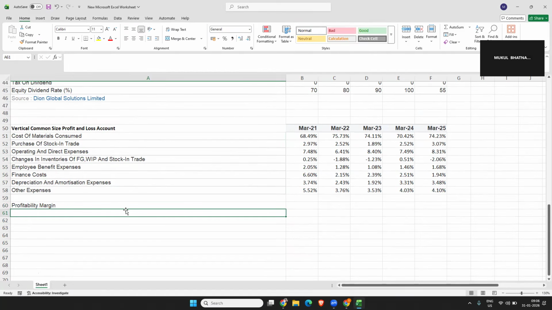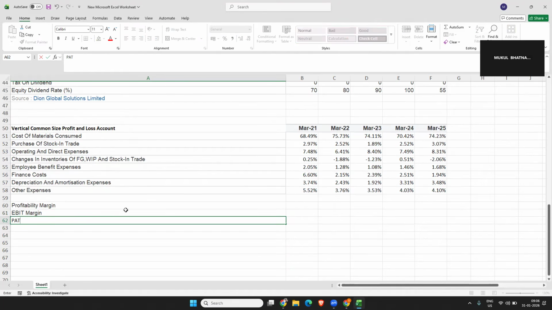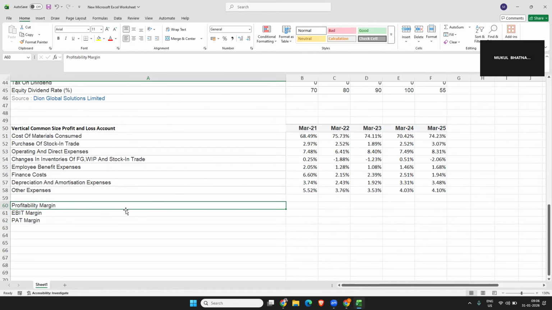Two profitability margins I think we can calculate here. Let us calculate one EBIT margin, and also let us calculate profit after tax margin. So we'll calculate two margins. Let me make it bold so that it appears as a heading.